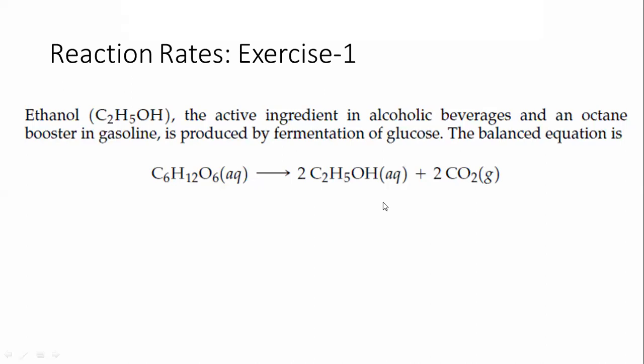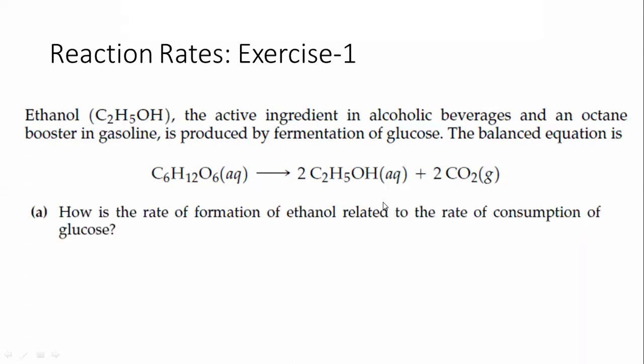So the first question is, how is the rate of formation of ethanol related to the rate of consumption of the glucose? We will consider the details in the next lecture, but I'm expecting an answer from any of you. Whether you say rate of consumption, rate of decomposition, or rate of deformation, there are a lot of terms you can use depending on your choice.